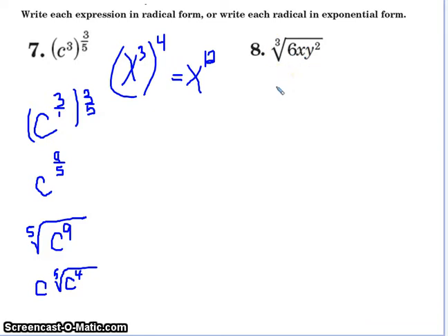Looking at number 8, we want to take the cubed root of 6xy squared, and we are just writing this in exponential form. In this case, even though we have a y squared, we don't have the entire term squared, so we're just going to write our 6xy squared.